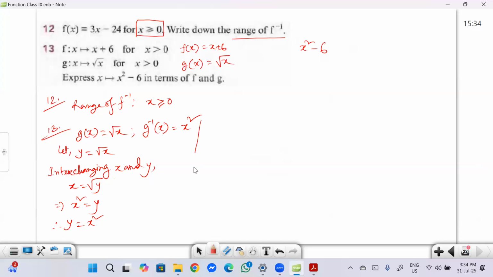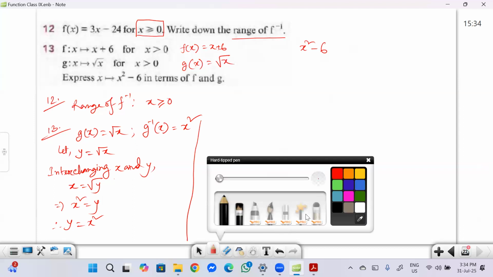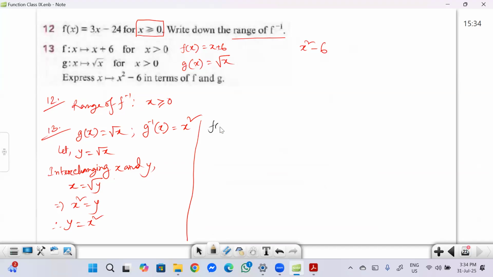Okay, this is one stuff. Then you also need a minus 6, but you have plus 6 here. Okay, so for that, you know that f of x equal to x plus 6. Let us try to find the inverse of it. Let y be x plus 6.